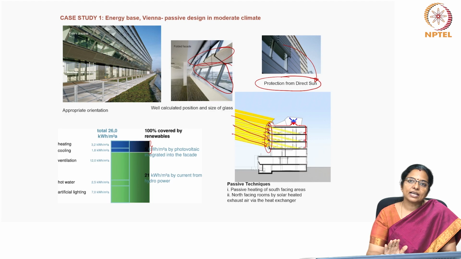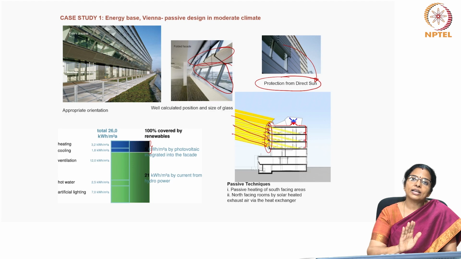So, in today's class, we have seen what simple passive techniques are and what the principles behind these simple passive techniques are for them to actually work. We have seen the simple passive techniques which are used in various climates in a very brief manner. It is more like a demonstration of, for example, orientation.